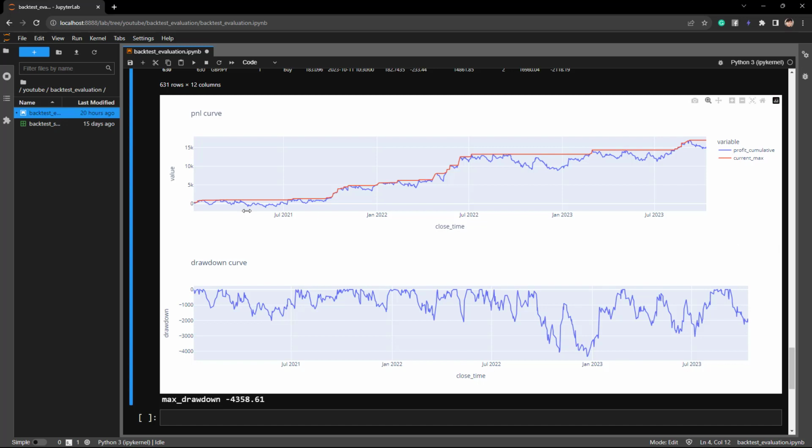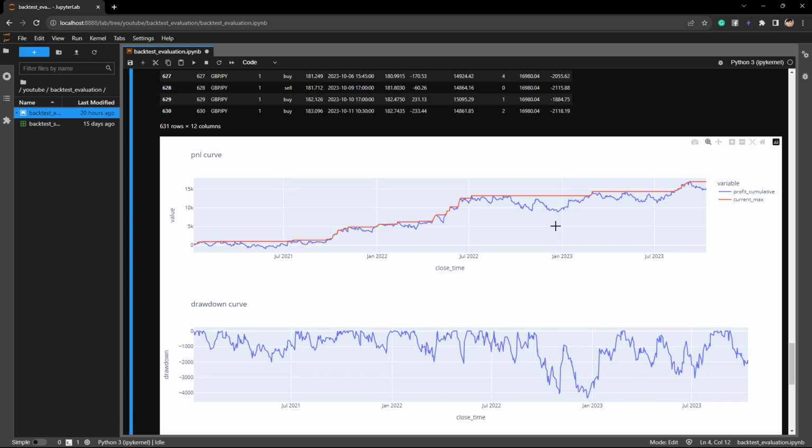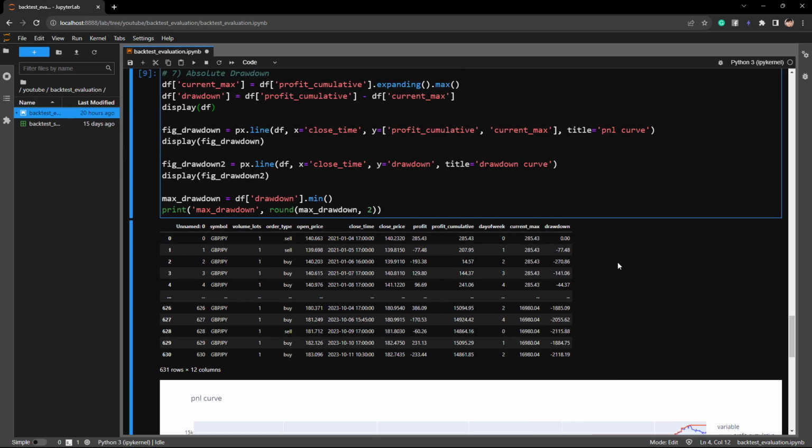So we're simply subtracting the current price with the currently achieved maximum. And on this chart here, we see, for example, that the biggest drawdown was achieved on December 22nd, 2022, which is approximately somewhere here, which is this point, right?